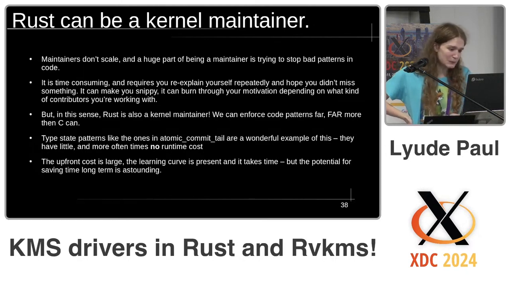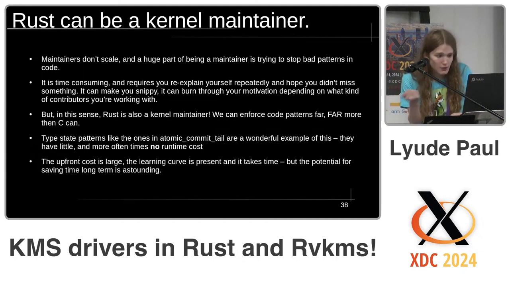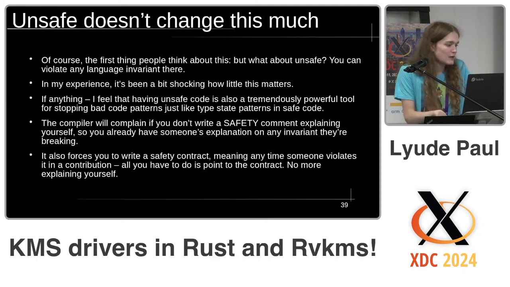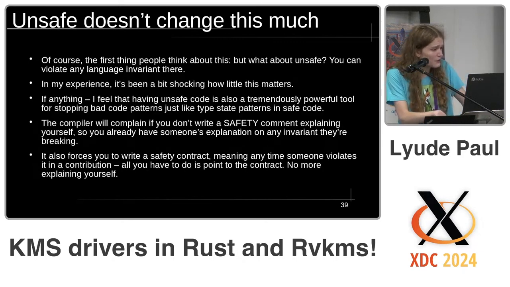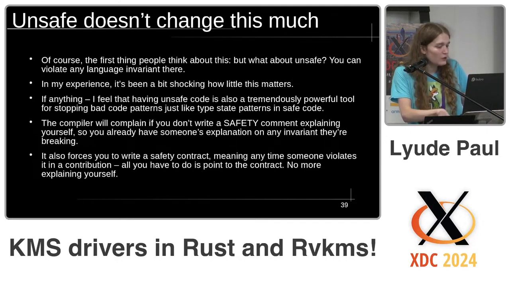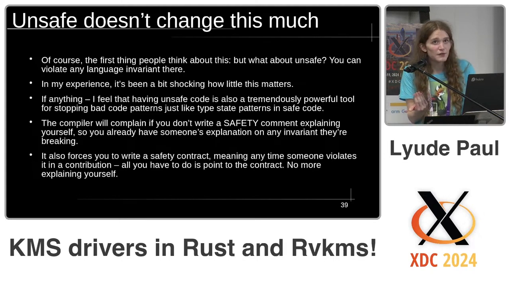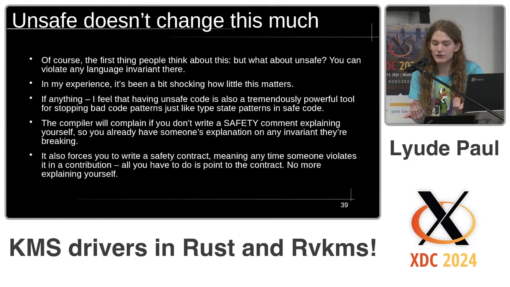Of course, a lot of people wonder, what about unsafe code? But in my experience, this doesn't end up changing things very much. For one, unsafe code actually sort of also acts as an enforcement tool, because if you have something that the compiler isn't able to actually type or check itself, you're able to write what's called a safety contract.